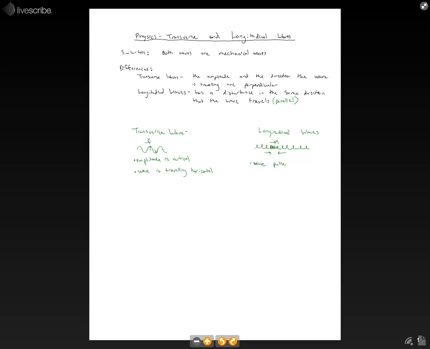So we'll say the wave pulse is from the slinky being bunched up. And we also know that it is the same direction, which is horizontal, as the direction the wave is traveling.